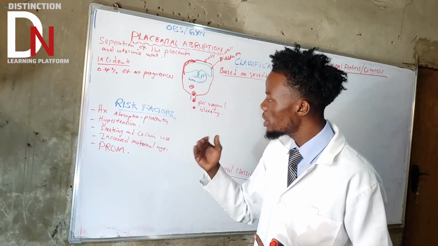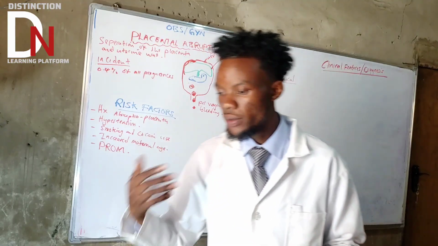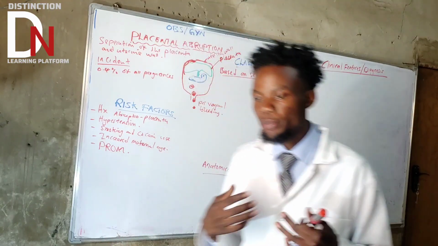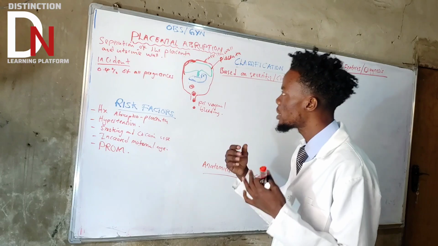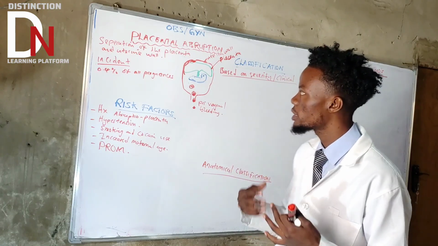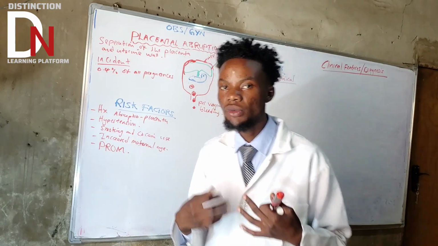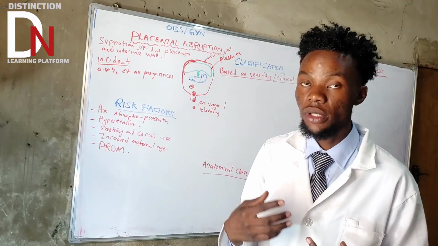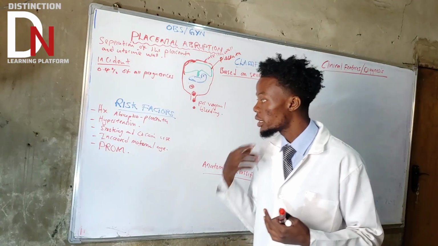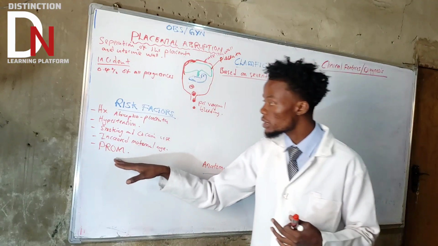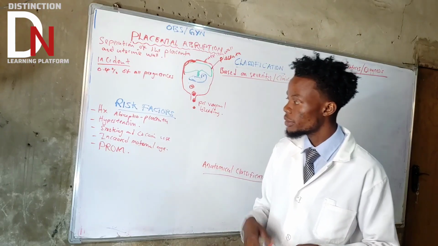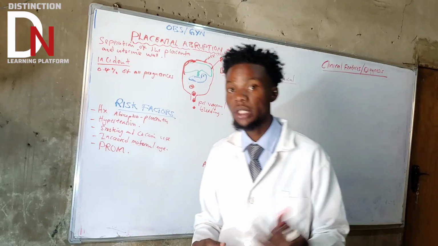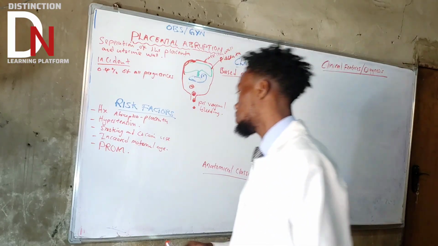If those membranes are ruptured before the onset of labor, then it can predispose someone to premature separation of the placenta and the uterus, causing abruptio placenta. Very, very important. We'll talk about PROM in more detail, because there are 2 types of PROM, term PROM and preterm PROM.